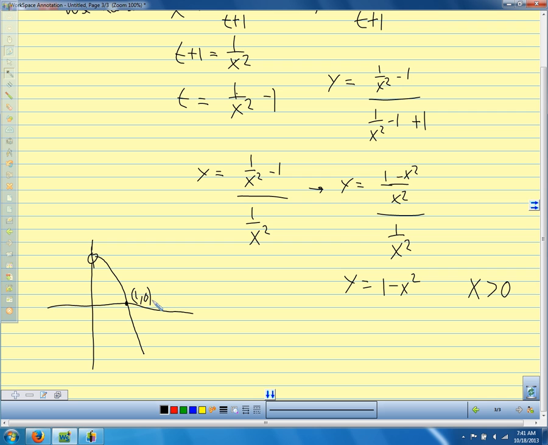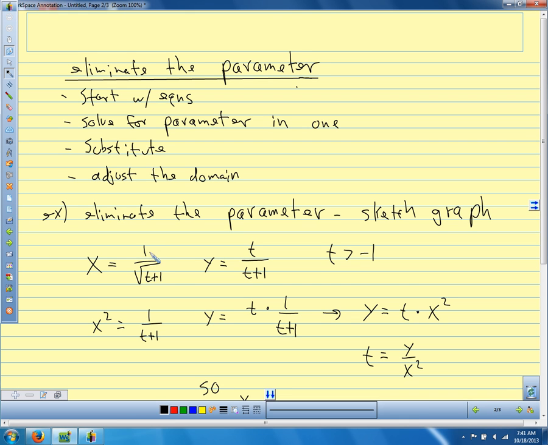And then the other thing we're interested in with parametric equations is what we call the orientation. Which direction do we travel along the curve as the parameter increases? So let's look back at our original parametric equations. As t increases, does x increase or decrease? As t gets larger, x decreases. Yes?